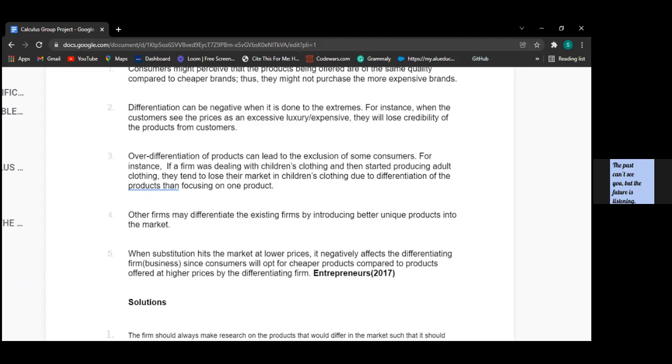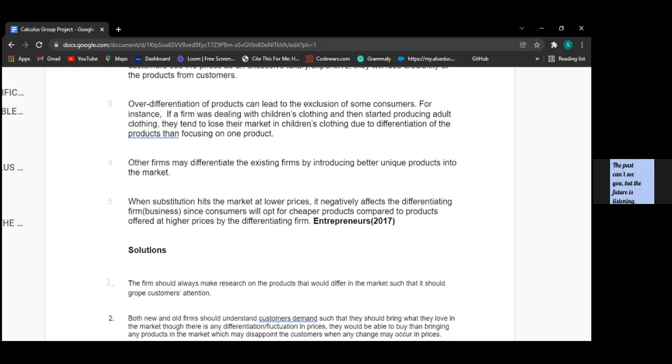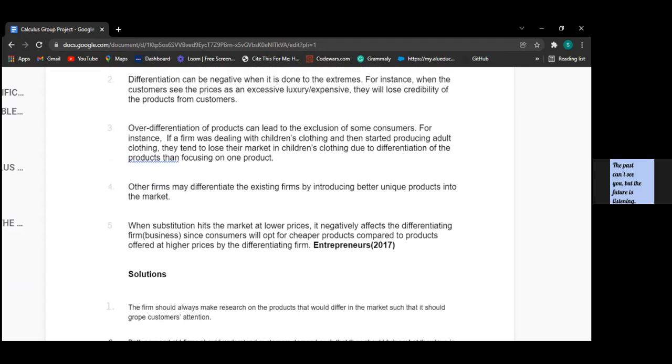Then over-introduction of goods in the same market also makes other producers lose market, because when another producer brings a unique product to the market, it lowers the demand for the products which were in the market before.